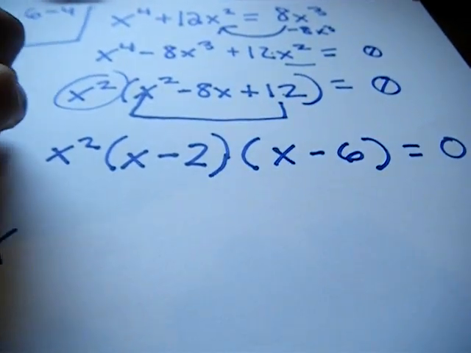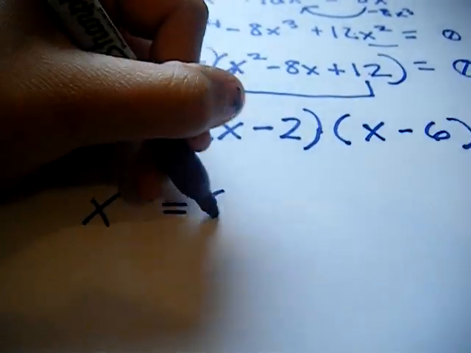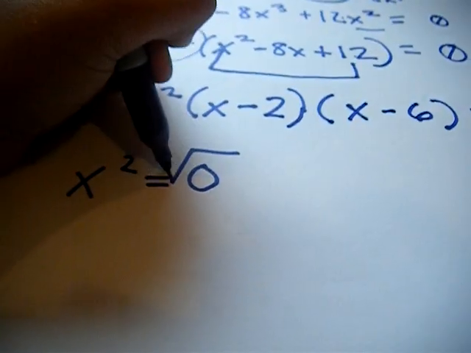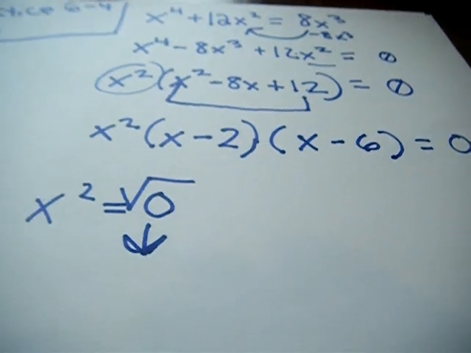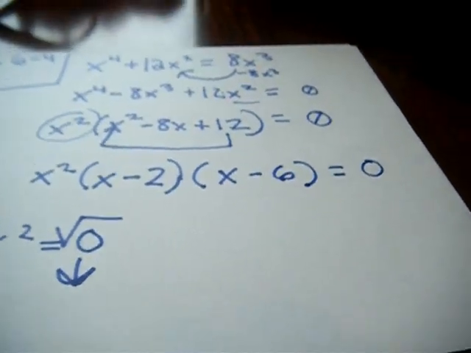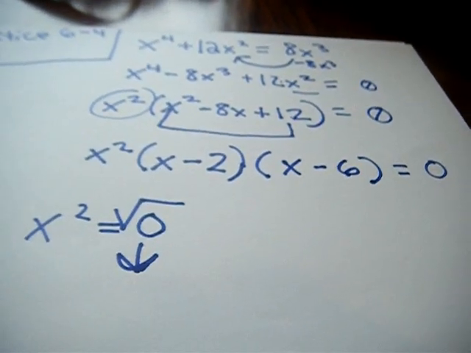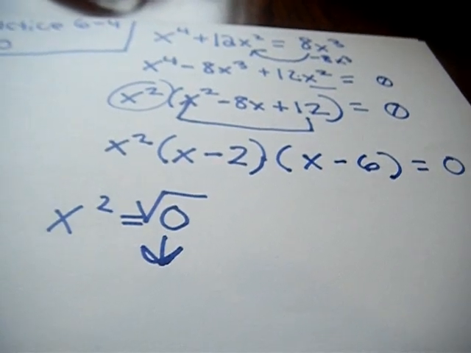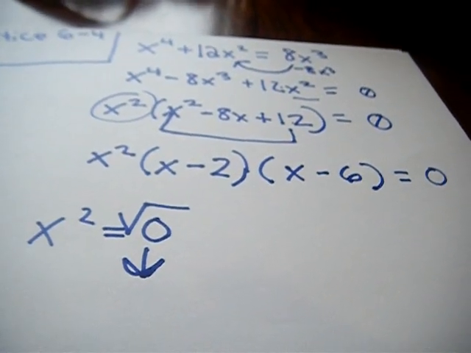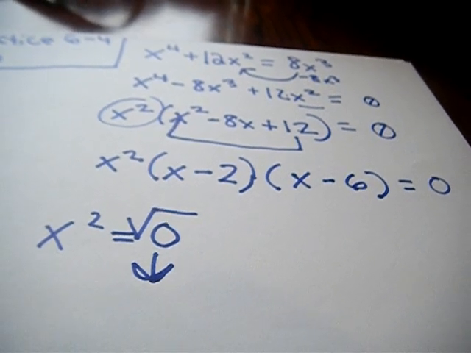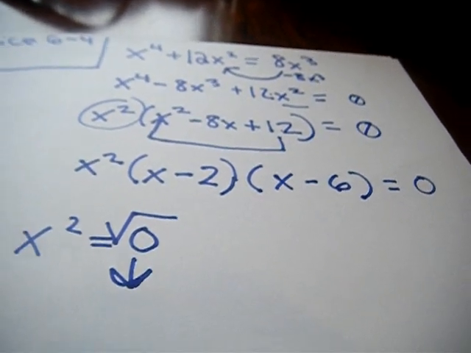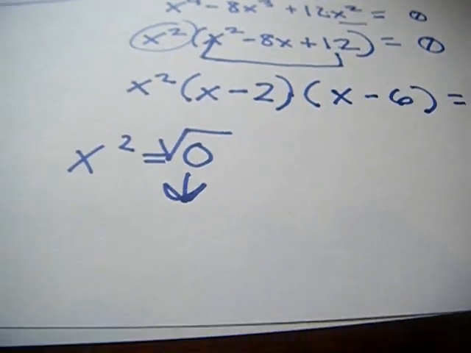If you set x squared equal to 0, the square root of 0 is, of course, 0, excuse me.